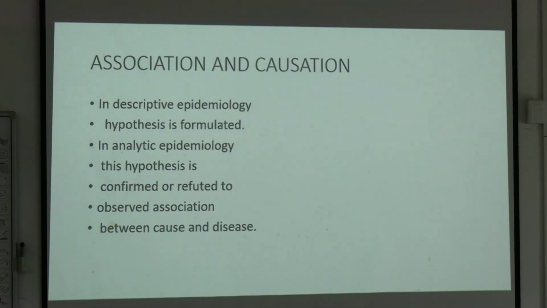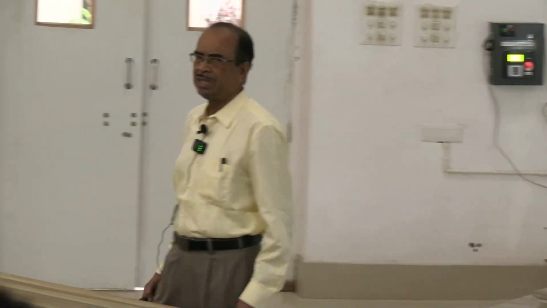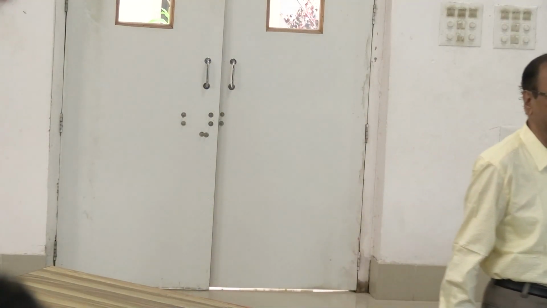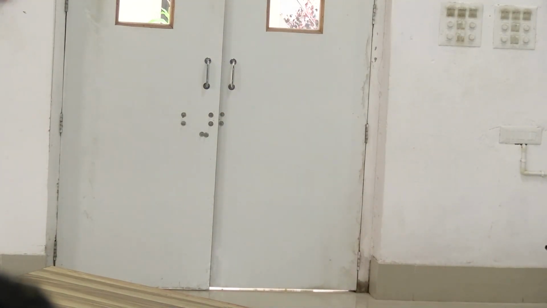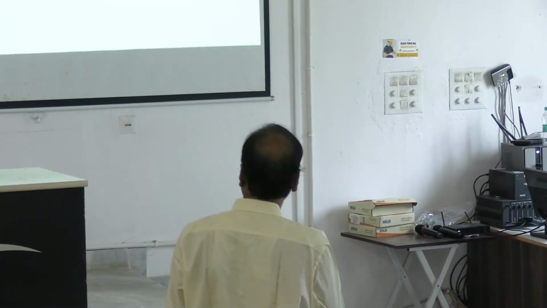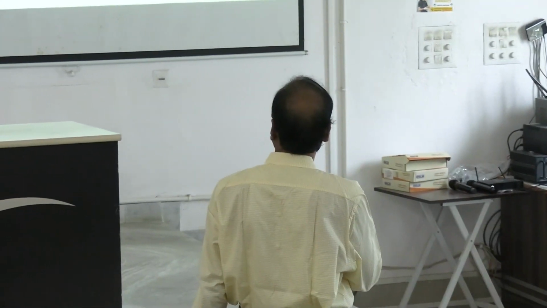And second, I said that the second part is called analytic epidemiology, in which this hypothesis is tested. Either it can be taken or it is a false statement. That is the observation of association between cause and disease.